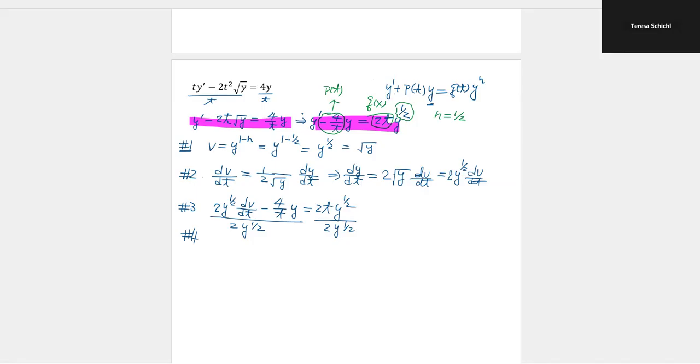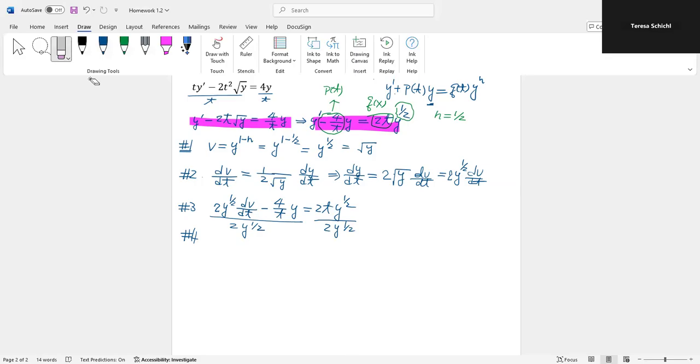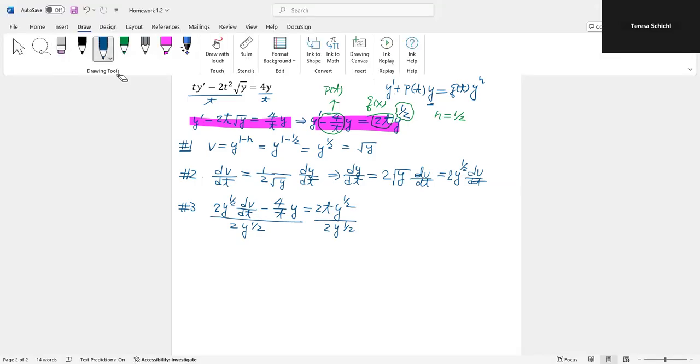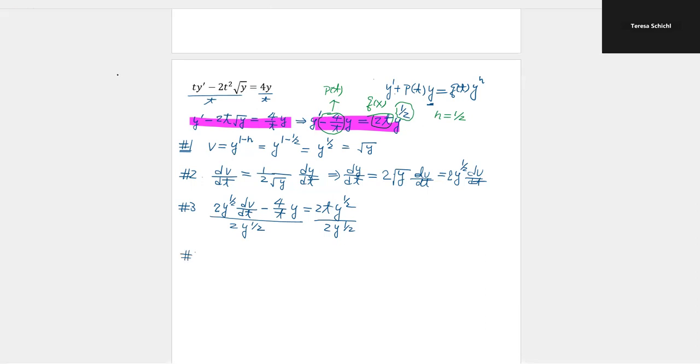Now after that, what do we have here? These two cancel. The first term is 2y to the 1/2 over 2y to the 1/2, so I only have dv/dt left.